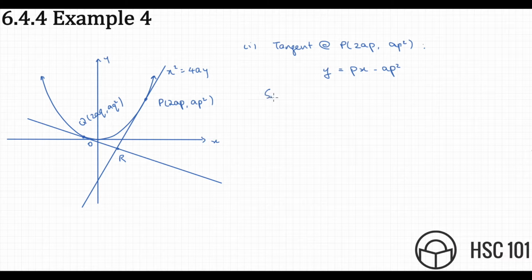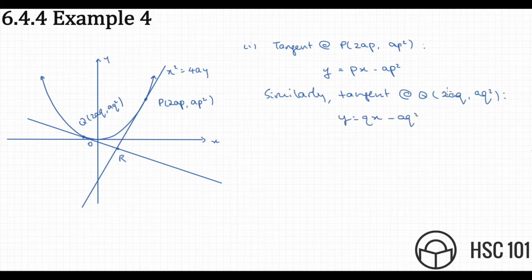And from this, we can then say, of course, that similarly, the tangent at Q (aq, aq²) is going to be given by y = qx - aq². So if I want to find the coordinates of R, I'm just going to take these two equations and solve them simultaneously.